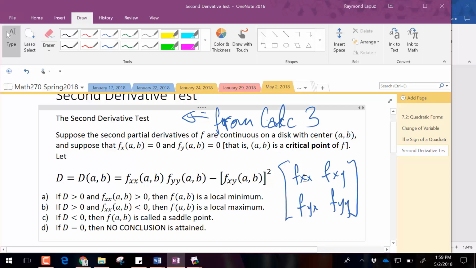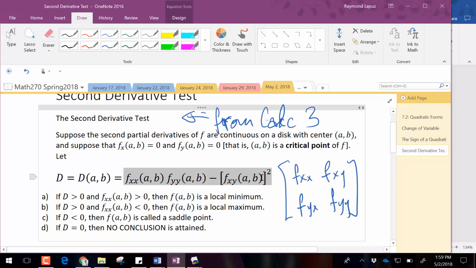What you can think about doing is creating a matrix of second order partial derivatives. The matrix of second order partial derivatives would look like this. And once you get that matrix, you define it as D.